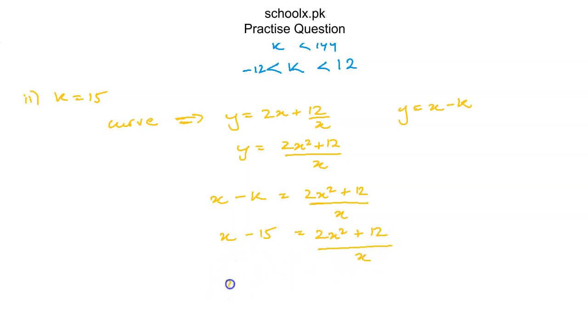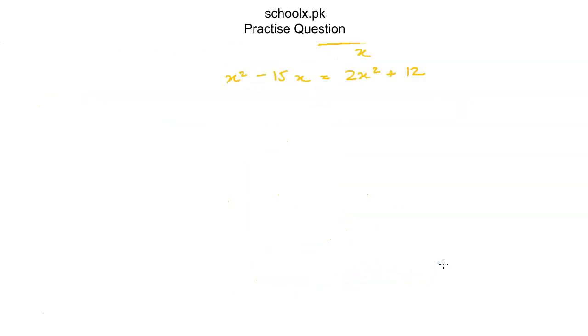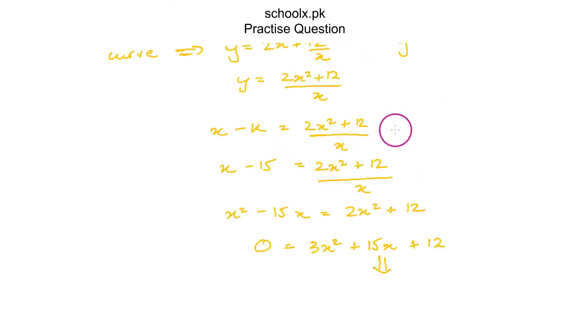I'll put x here, x squared minus 15x, 2x squared plus 12. Simplifying further, we get 0 equals 3x squared plus 15x plus 12. Now, if we solve this, this must be 3x squared minus 15x plus 12. I think I made a mistake somewhere.